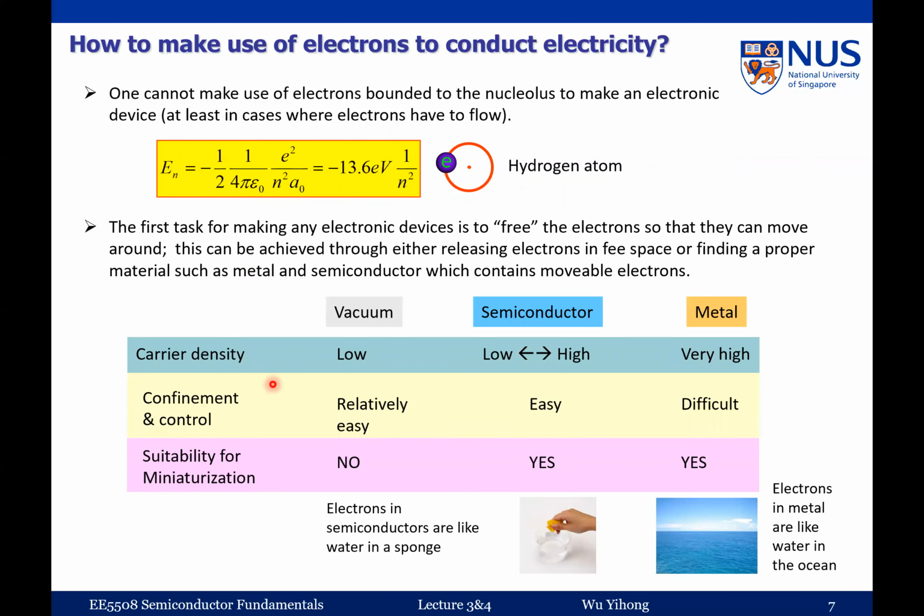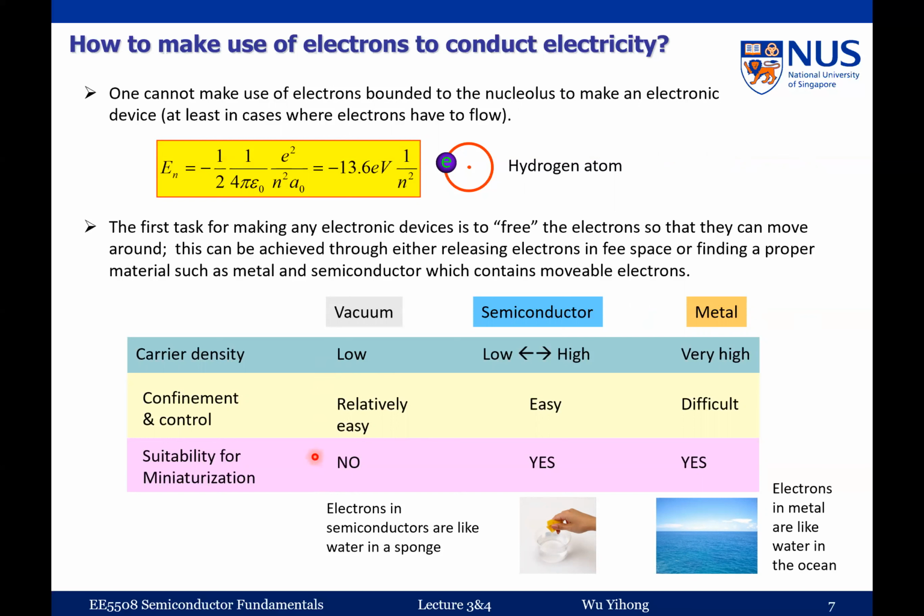The vacuum case we already explained: if you can release electrons in a vacuum and control them, they can form a device. But the problem for this kind of device is that the carrier density is very low. It means the number of electrons you have per unit volume in vacuum is very low.